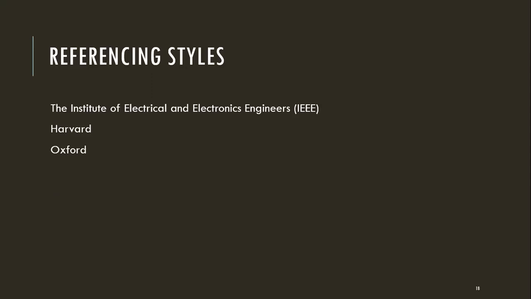If you are writing a legal research paper, you would probably be told to use the Oxford referencing style, also called OSCOLA, right? Harvard is the generally used referencing style. It's not as complicated as OSCOLA or the Oxford style, but it also requires certain information.